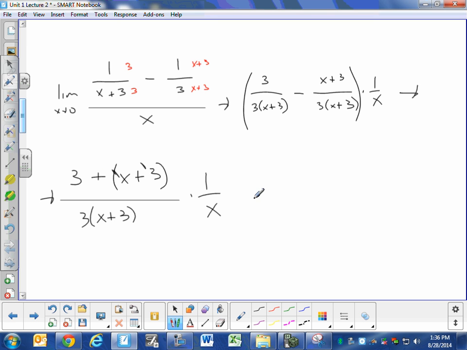The 3's will go away, leaving me with -x over 3 times x plus 3. This 1 over x can get multiplied in if you want to, or it can stay out. Here the x's cancel.